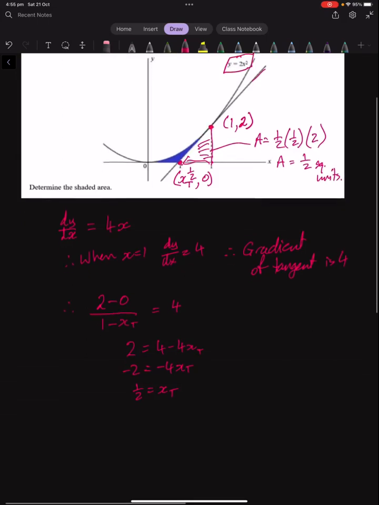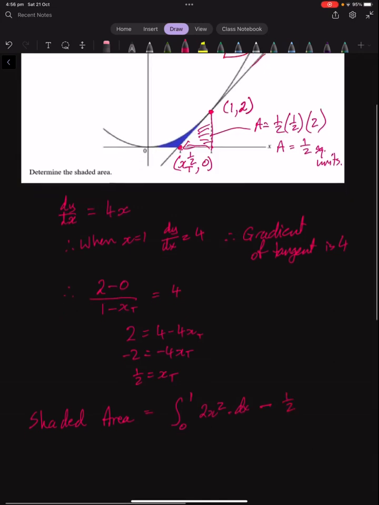So to find the shaded area, that's going to be the integral from 0 up to 1 of 2x squared dx minus the area of the triangle, which we just calculated as being 1/2.